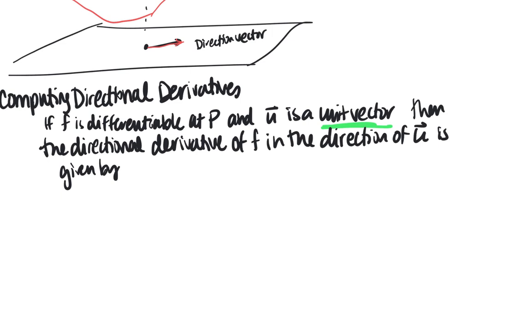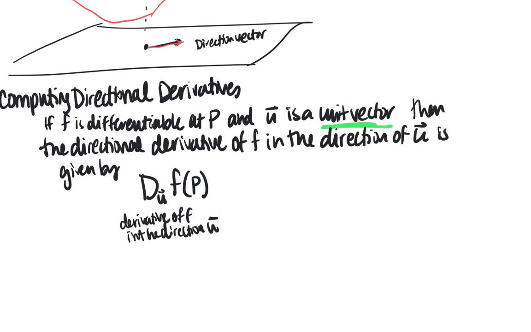okay, so here's the notation. This is the derivative in the direction of u of f at point P. So I'm going to write out in words what this is. This is the derivative of f in the direction of u at point P. So all of that is what that notation means, is equal to the gradient of f evaluated at P dot with the unit vector.